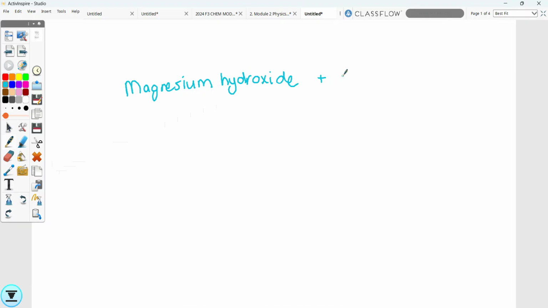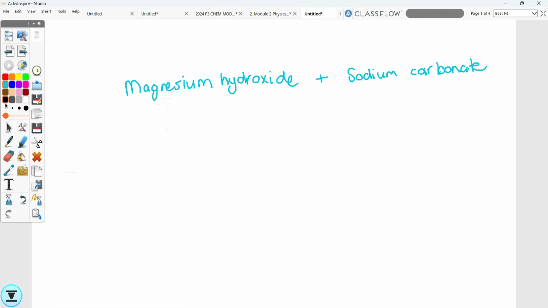It reacts with zinc, also insoluble, I think. Reacts with sodium carbonate. And then we will ask you to write a balanced equation for that. So all the recipes, we can give it to you as a word equation, and you must write it as a balanced chemical equation.